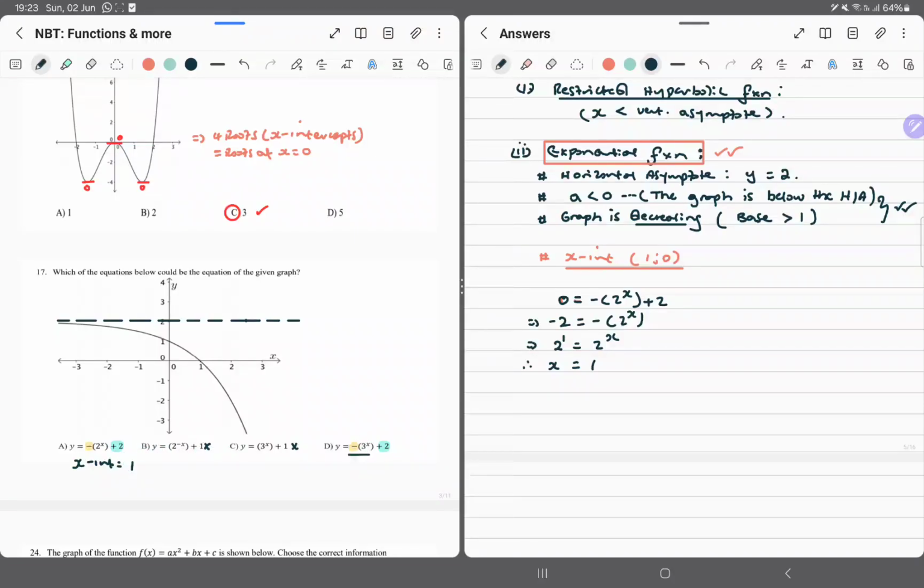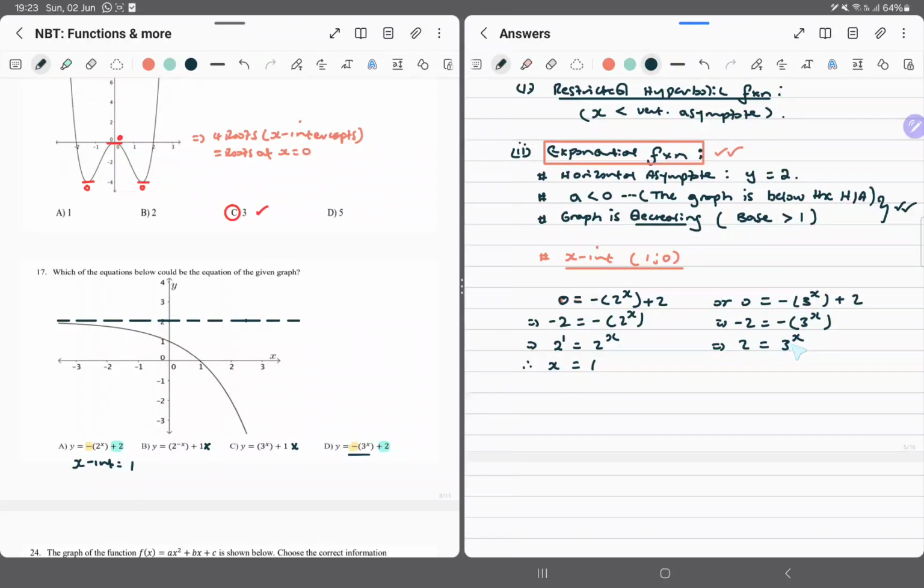Okay, what about this one? 0 is equal to minus into 3 to the exponent x plus 2. This implies minus 2 is minus into 3 to the exponent x, which implies that 2 is equal to 3 to the exponent x.